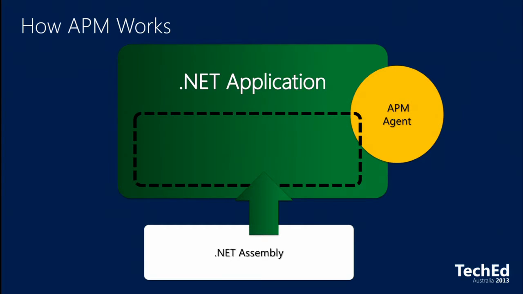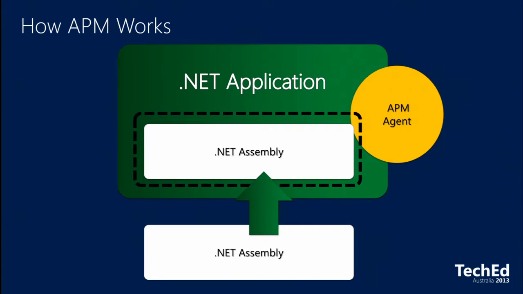So how it works really is essentially you have the web application running on an IIS server, and then you've got the APM agent installed on the same box. So this is when you install the SCOM agent. By default, the APM agent is actually disabled. It's a Windows service. So you need to go in and enable it and set it to automatic.